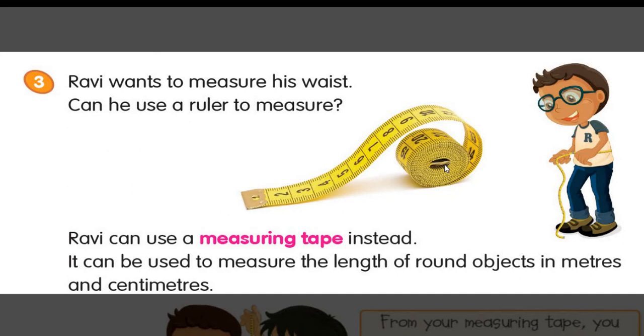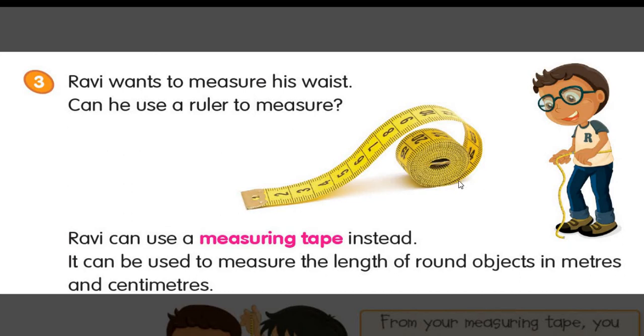Usually your mom has this one because just in case your mom wants to see how the length of your arm is, or if she wants to measure your waist. Usually this has to do with clothes. Okay, she wants to buy you new clothes or new pants, something like that.